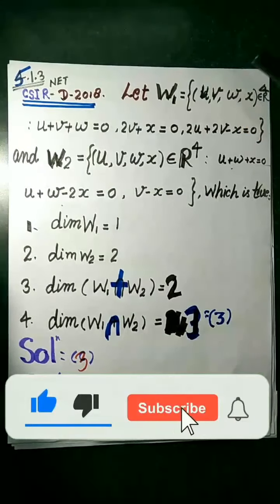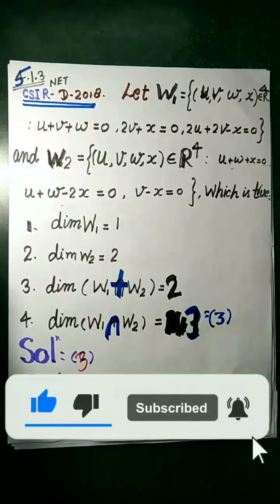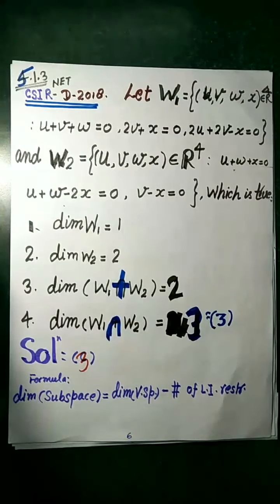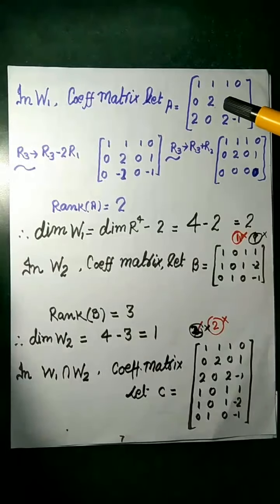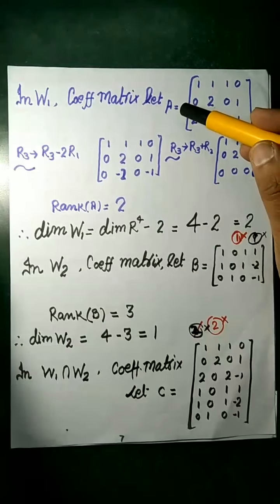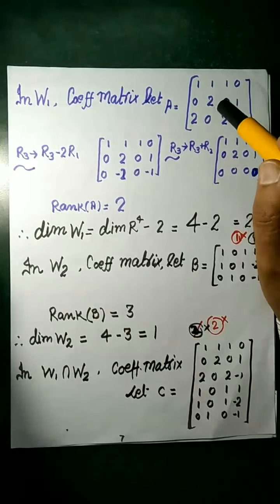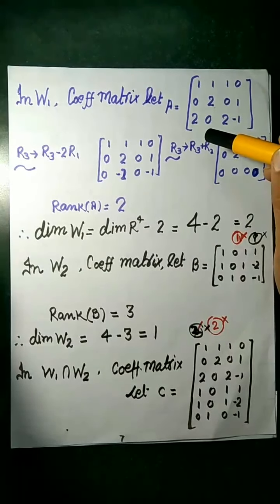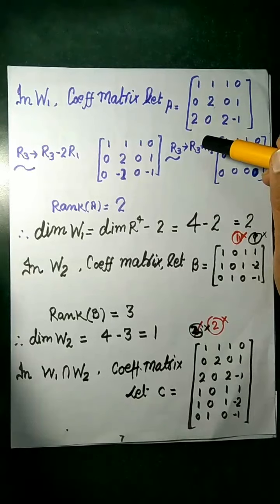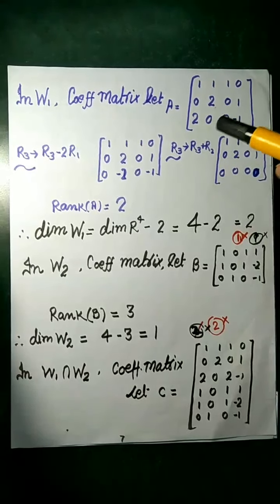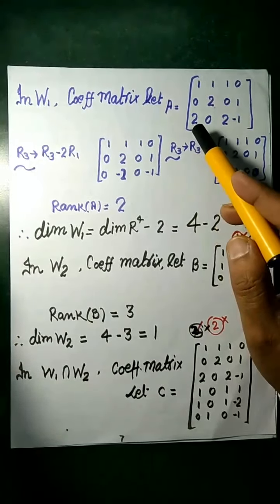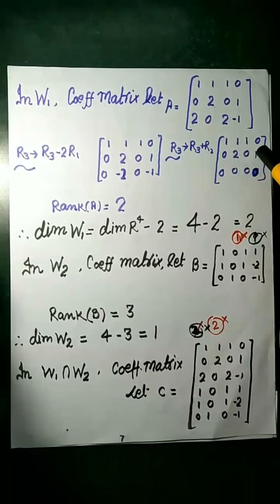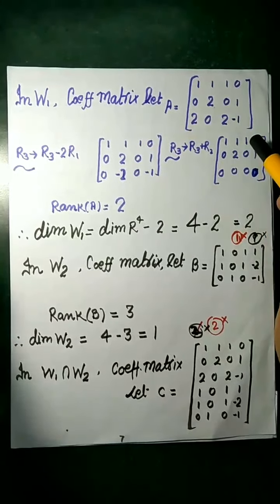Let us see how we can obtain the coefficient matrix and rank. So this is our coefficient matrix. Let us take A equal to this one. Applying row reduced echelon form calculation gives us rank of A is 2, because the row reduced echelon form gives us 2 non-zero rows.